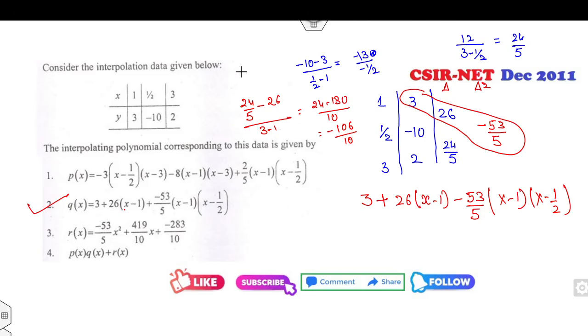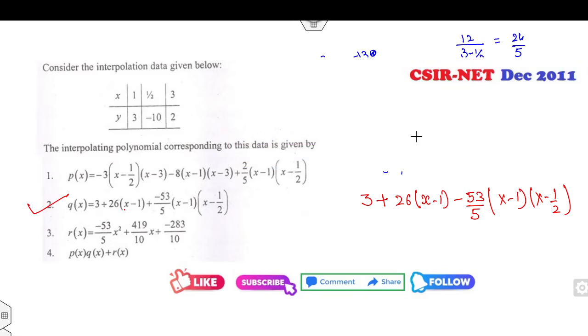Now, how can you check these other options? Whether you use the Lagrange interpolation or Newton divided difference, the polynomial will always be the same. So look at that. If I open this bracket, the coefficient of x square is minus 53 over 5.